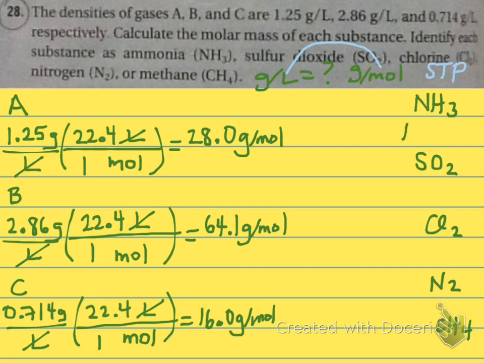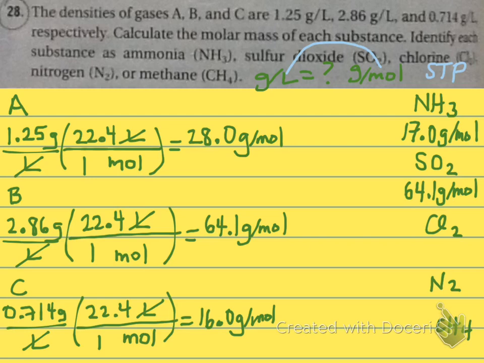So that gives me 17.0 grams per mole for ammonia. For sulfur dioxide, for sulfur it's 32.1. And there's just one sulfur plus 2 times 16.0. And I get 64.1 grams per mole for sulfur dioxide.